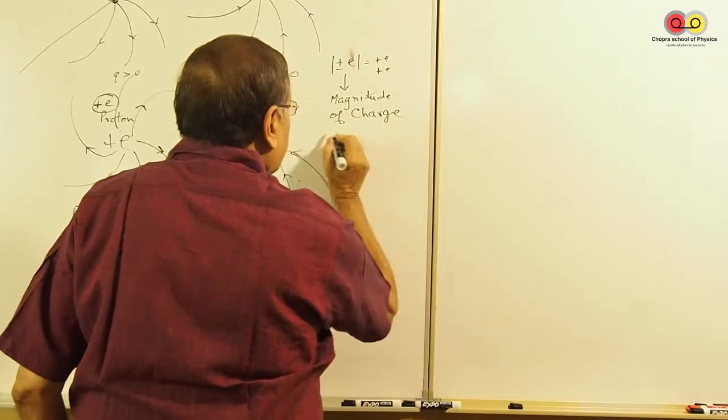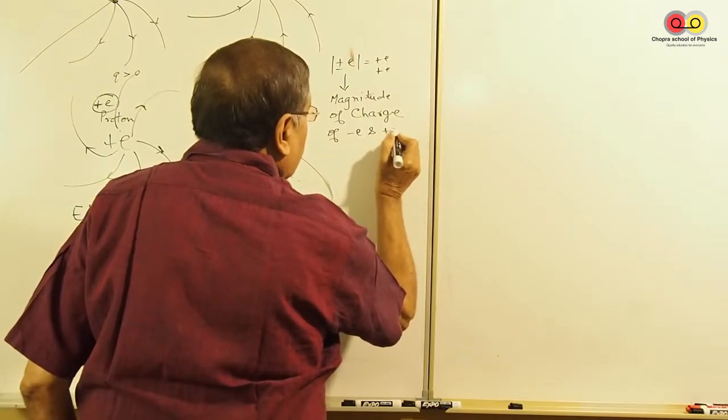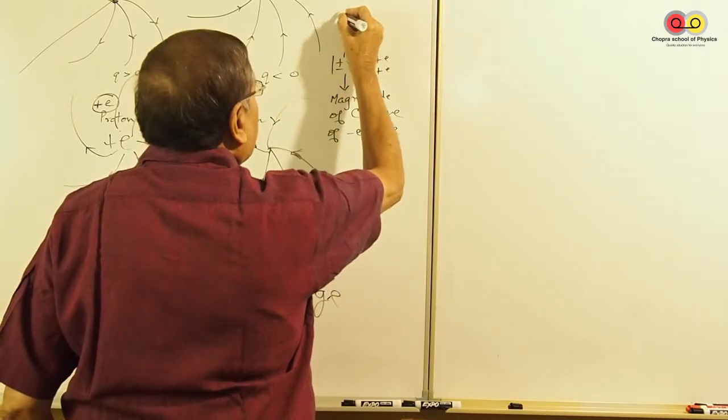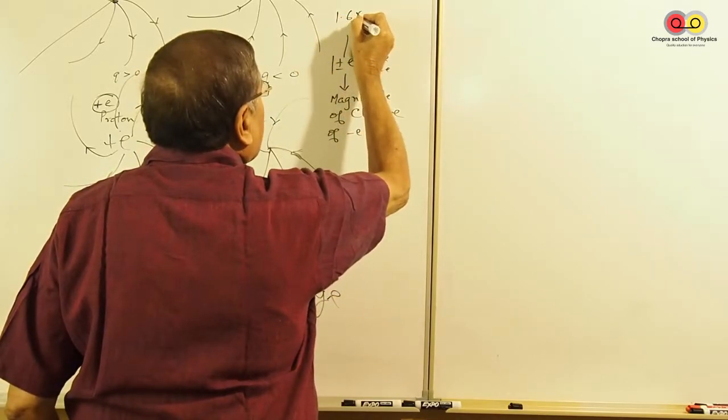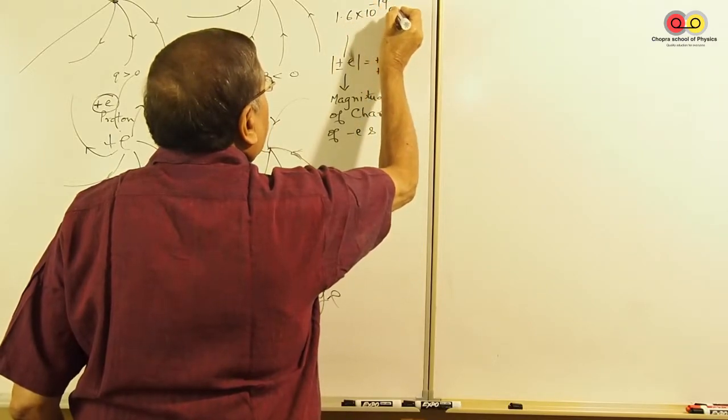Magnitude of charge of electron and proton, and its numerical value is 1.6 × 10^-19 Coulomb.